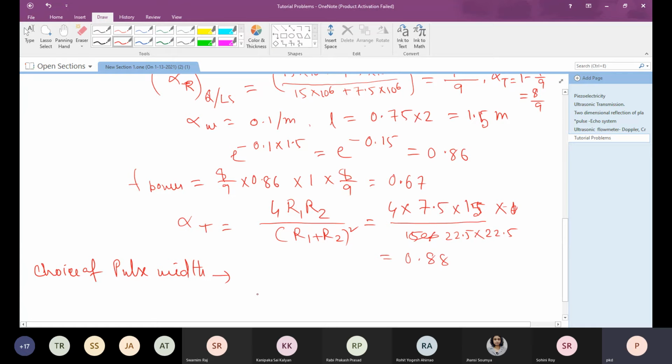We have 1 microsecond. It has to be more than T_fn. So T pulse should be more than T_fn.